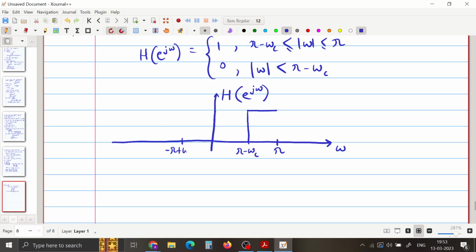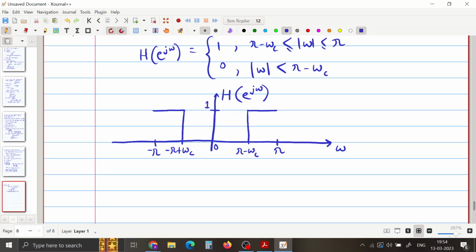So we have minus pi plus omega c, and this is minus pi. Here also it is 1. This height is 1, and the center is at 0.